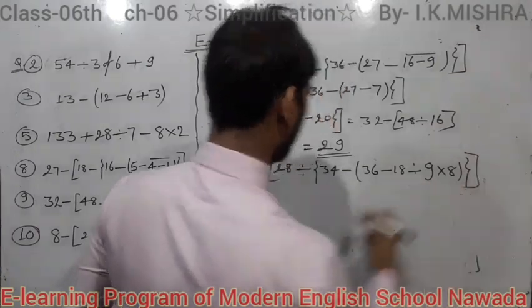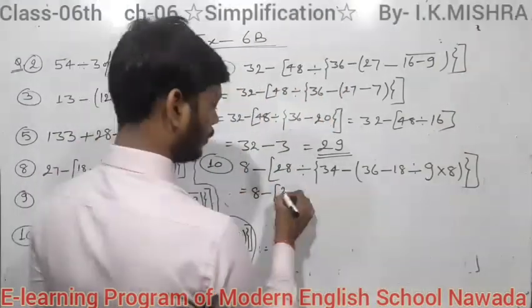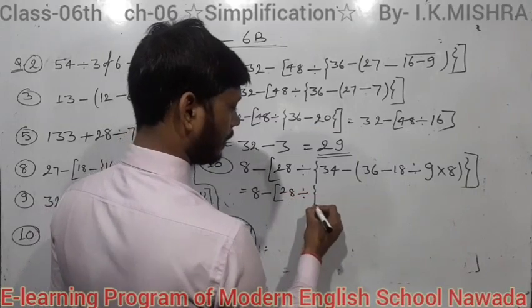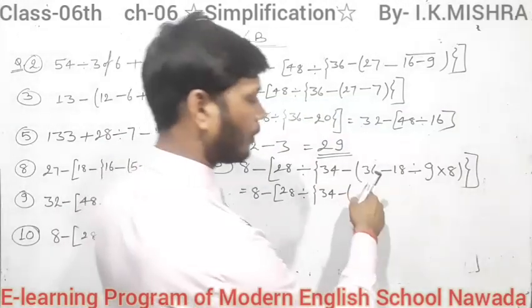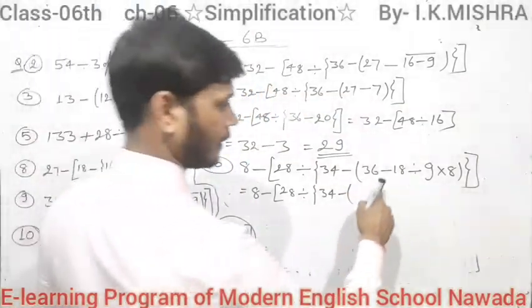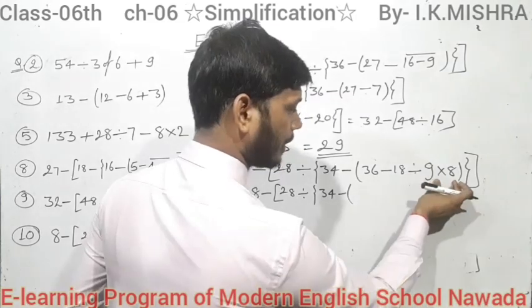Clear students? Here 8 minus 28 divided by 34 minus, do the operation in the small bracket. First of all do the division process and then multiplication.